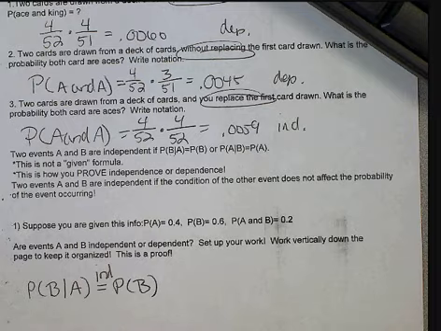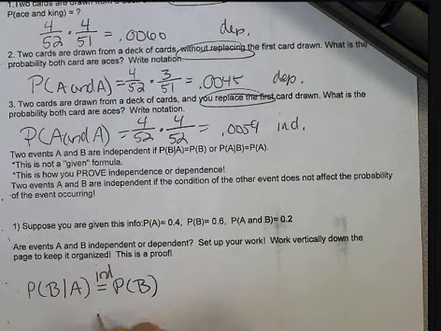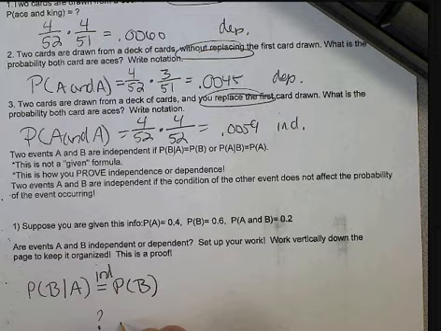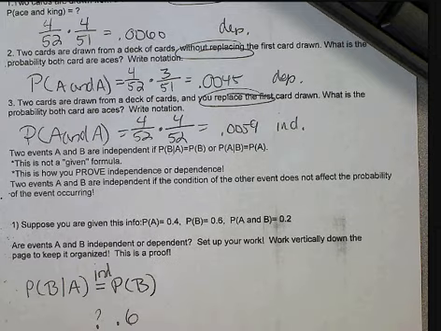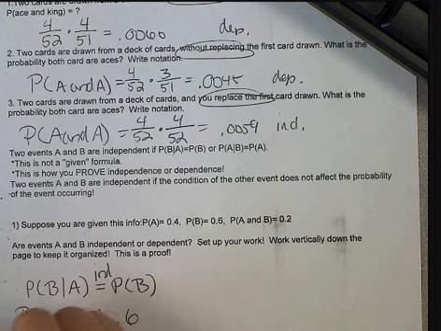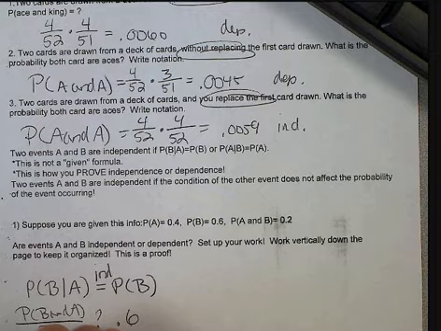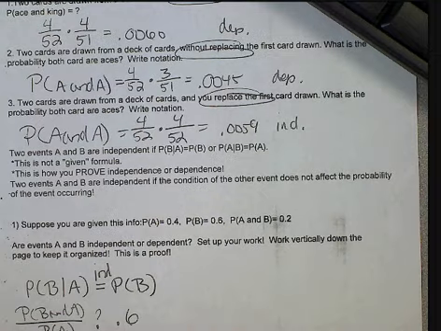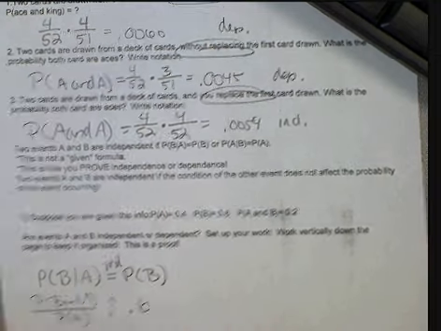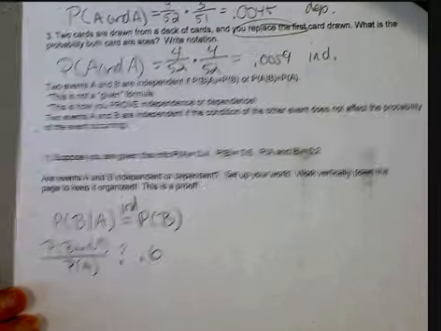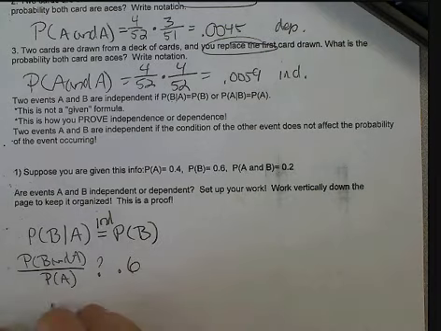Well, we know the probability of B. That's given up above. I'm going to put a question mark here. We know the probability of B is 0.6. I need to find the probability of B given A, which we are not explicitly given, but we know how to find that. We find the probability of both occurring and divide it by the probability of A. The probability of both occurring is given to me, 0.2.